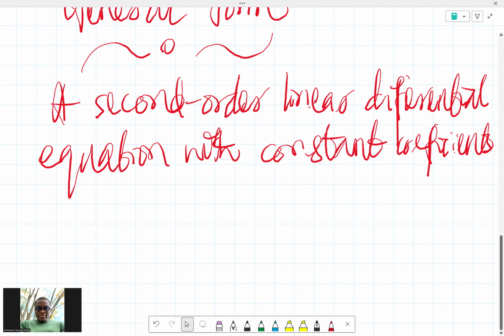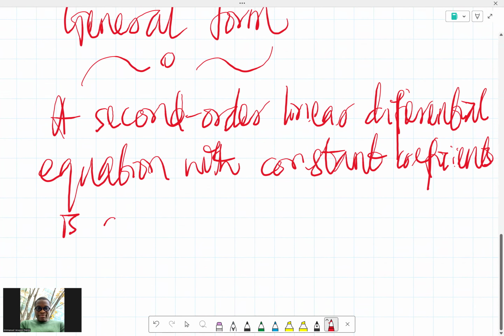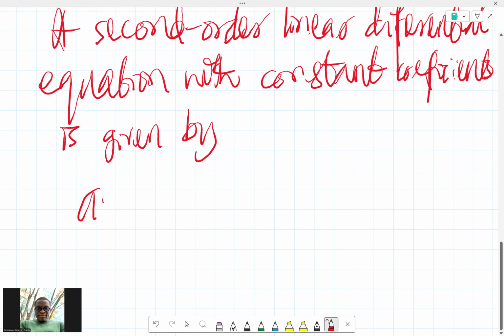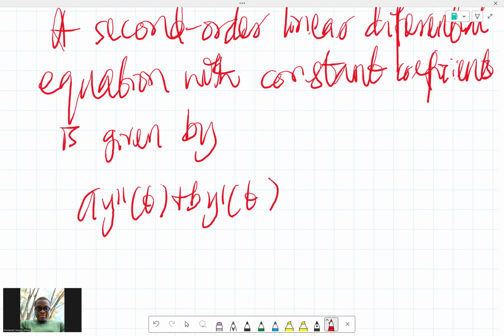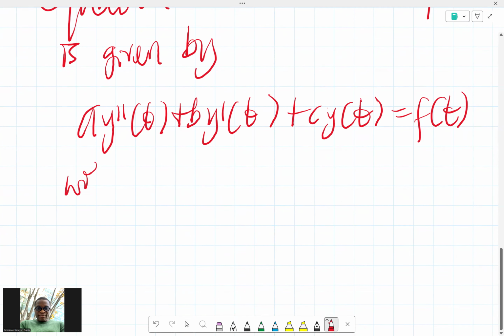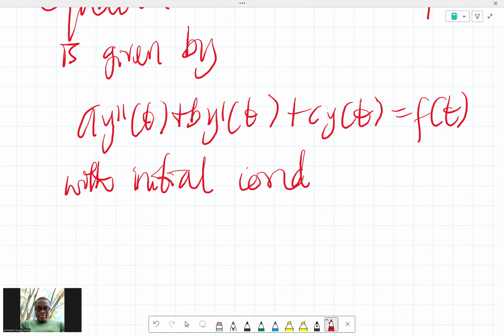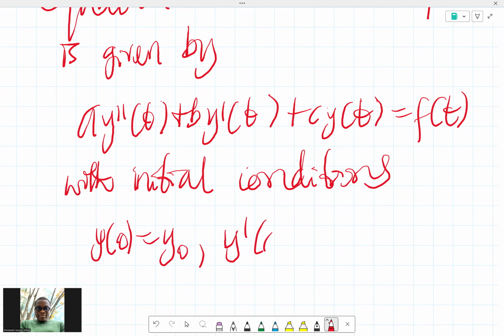The equation is given by a y''(t) + b y'(t) + c y(t) = f(t). That's the general form, with initial conditions y(0) = y0 and y'(0) = y1.